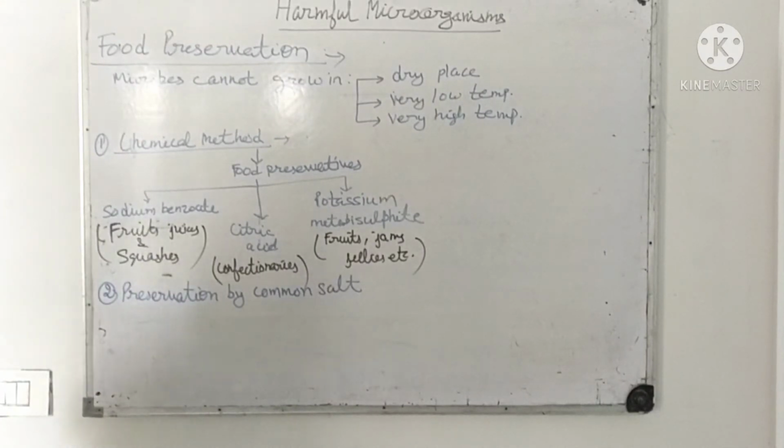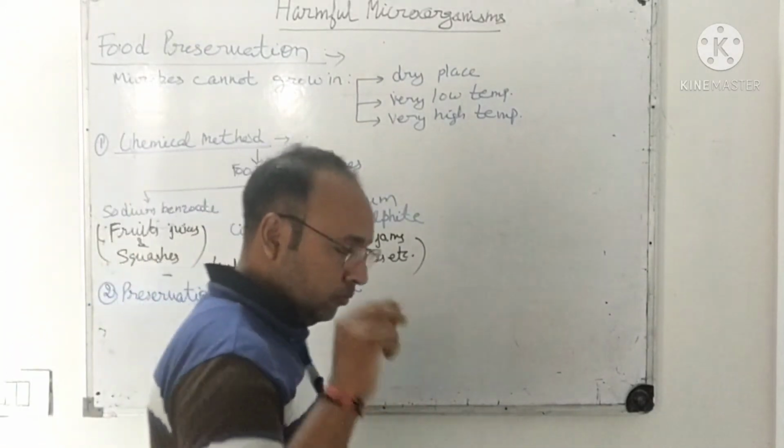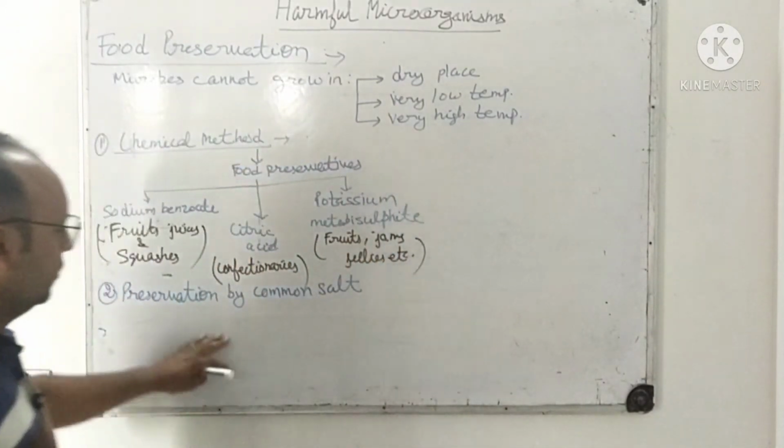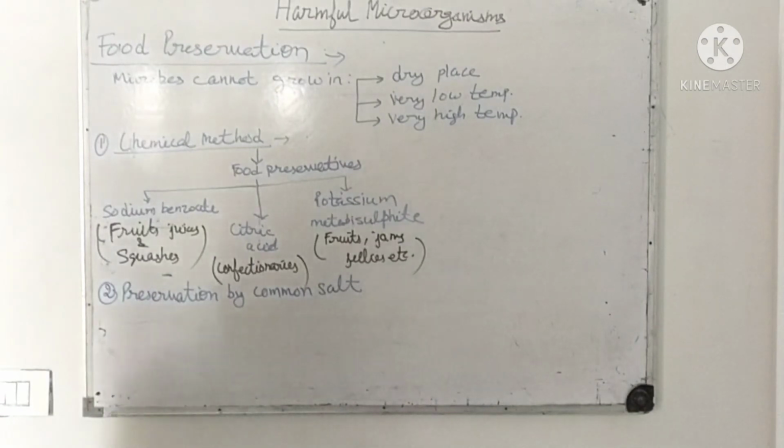Meat and fish are covered with common salt to prevent the growth of microbes. Salting draws out water from the food, thus preventing microbial growth and reproduction. It is also used in preserving amla, raw mangoes, and tamarind, where some layer of salt is given so that we can protect it.